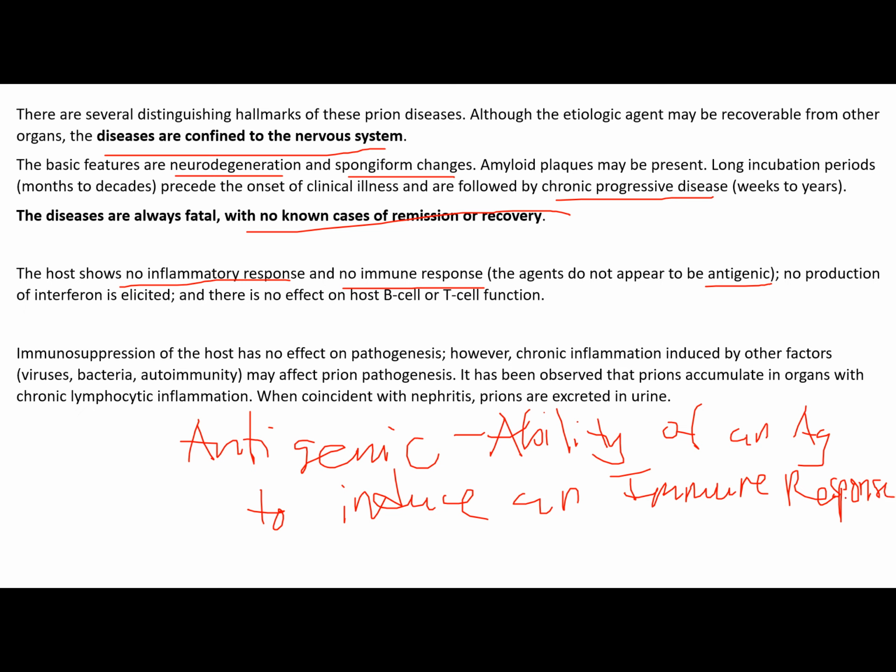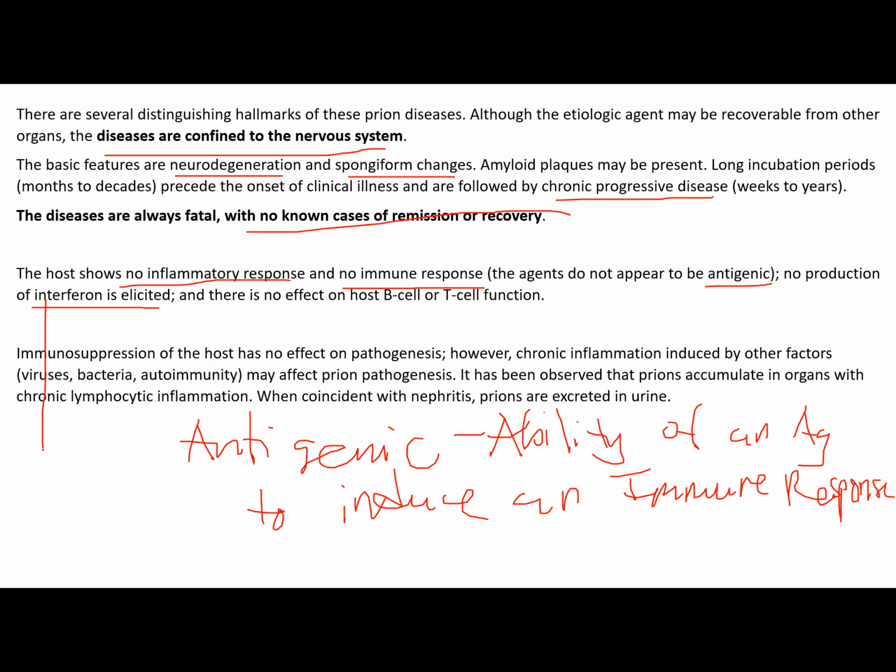active. But the problem with prions kasi class, they are not antigenic. They are not identified as foreign particles by the body, leading to no inflammatory response, leading to no immune response. Therefore, no production of interferon is elicited.